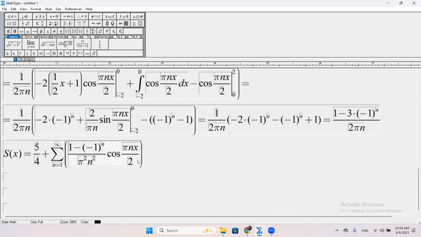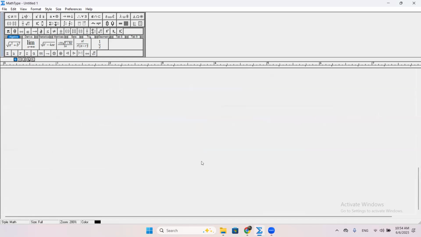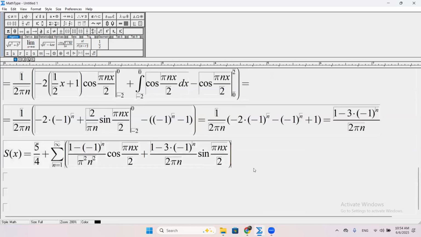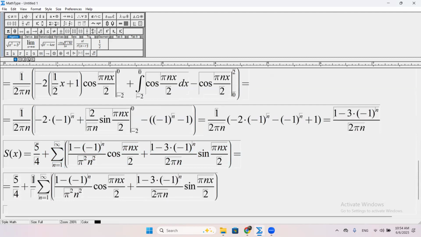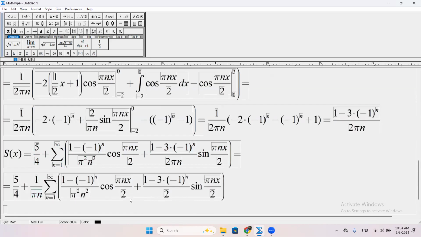And what about bn? It will equal the following stuff, plus this expression multiplied by sine of pi nx over 2. What can also be simplified? We can move 1 over pi n out of brackets. And that's all.